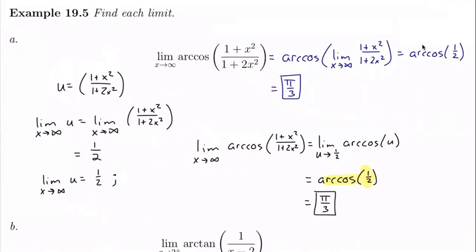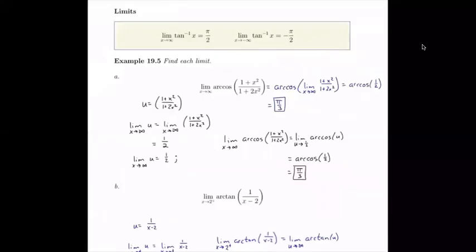In the end, we just evaluate it, because as long as this 1/2 is in the domain of arc cosine, we can just plug the number into that inverse trig function. So those are two ways to do this. I think the top is maybe the slightly better way. But if this isn't defined or doesn't fit into the domain of this function, then you might have to do more work outside like this.